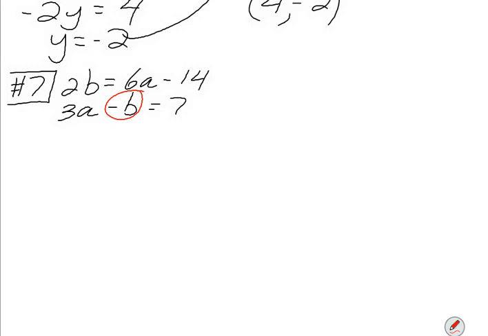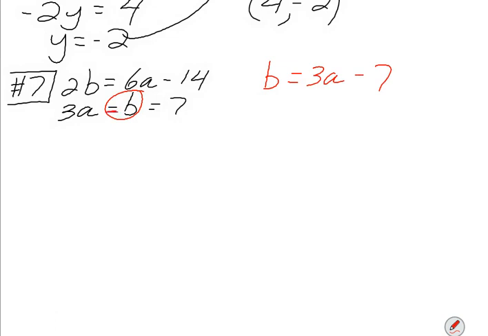So solving for the second equation for b, it is going to be b equals minus 3a plus 3a, and then plus 7 minus 7. Why did I do a double operation? Because of the negative.